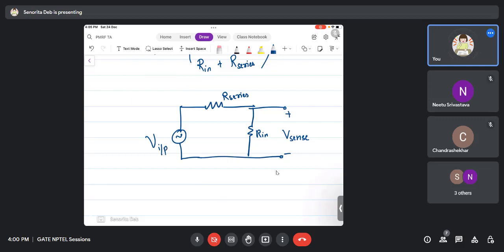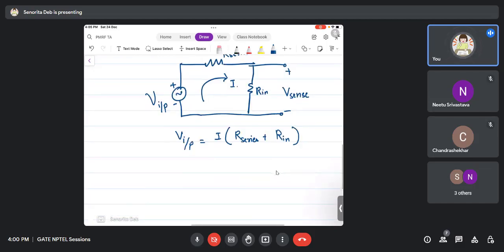Okay. So now what will be the current here? If this is the polarity, the current is V input equals I into R series plus Rn, right? And what will be V sense? V sense is nothing but the voltage across Rn, right? So it will be I into Rn.